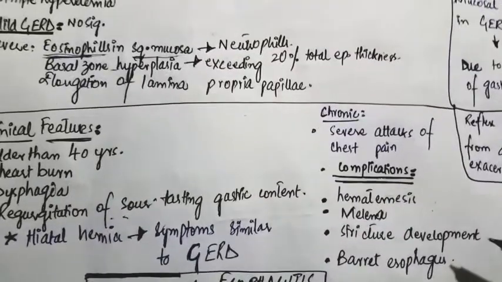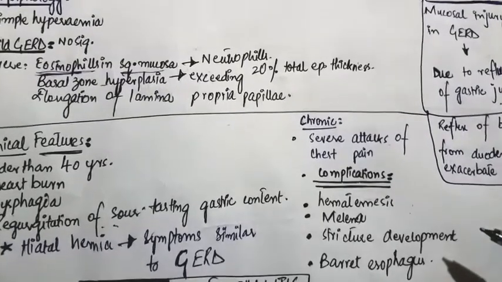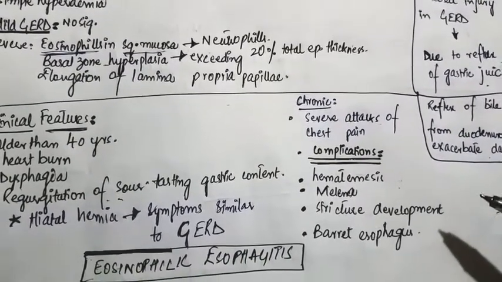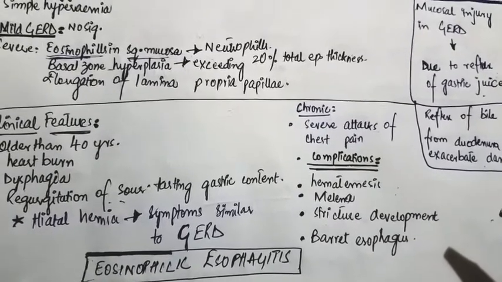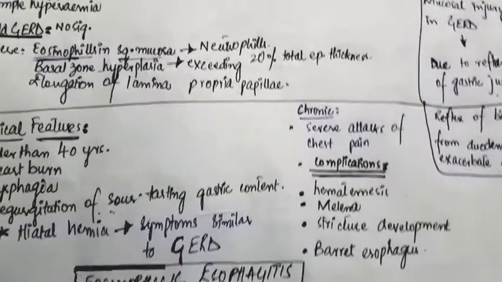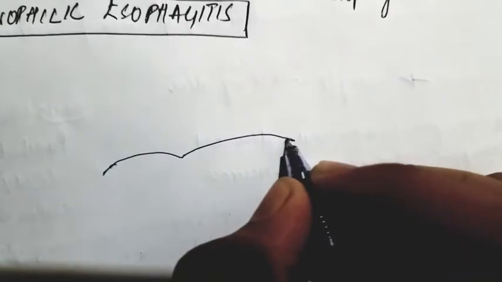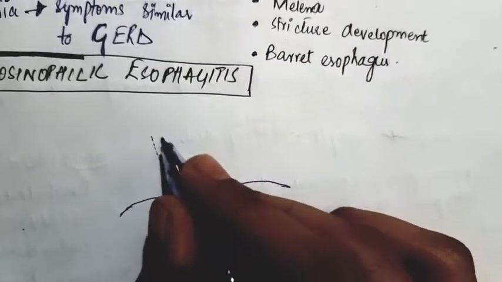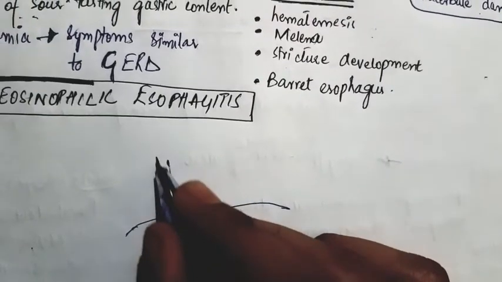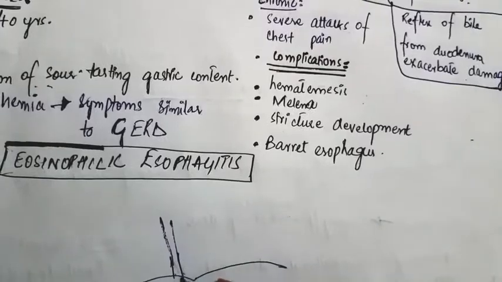And how does the hiatal hernia cause the reflux esophagitis? The hiatal hernia will produce symptoms which are similar to GERD. In the hiatal hernia, basically this is the diaphragm, and this is the esophagus, which is passing through the crura of the diaphragm.